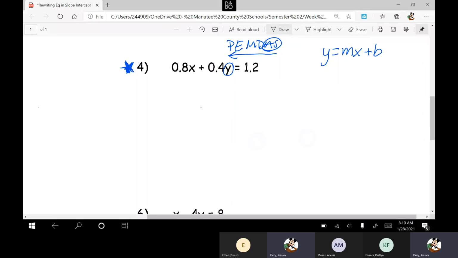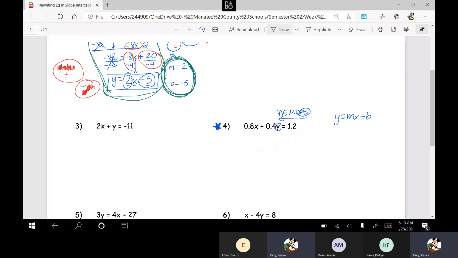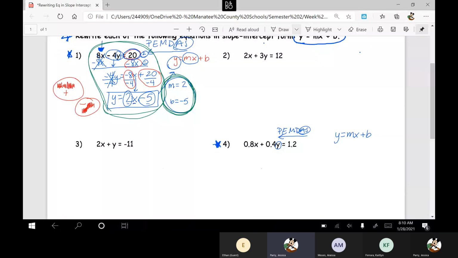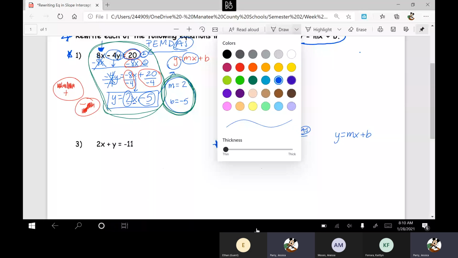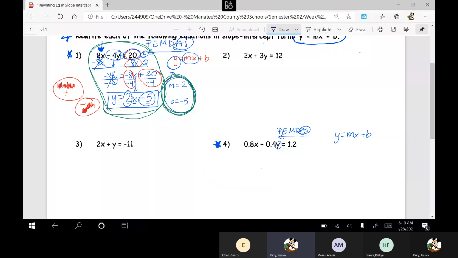So let's go back and look at number 1 really quickly. I'm going to zoom out so you can see. Let me get a different color here. We'll use purple. Okay, so the first thing I did, the first step, was adding or subtracting the term with the x. That's going to be your first step, adding or subtracting the term that has the x.